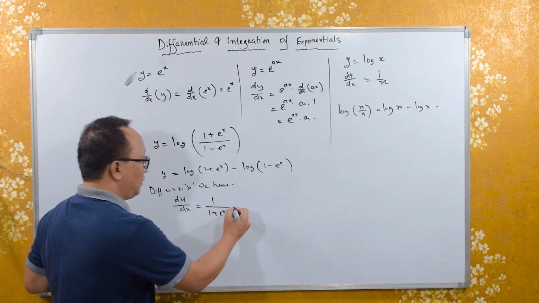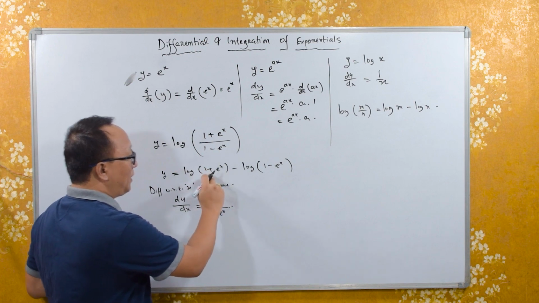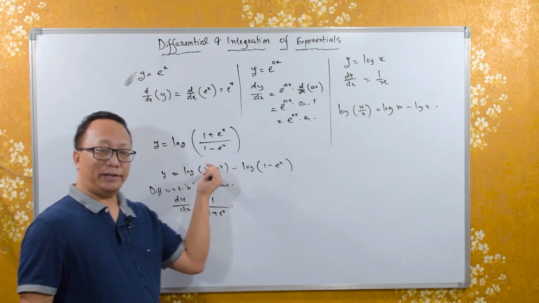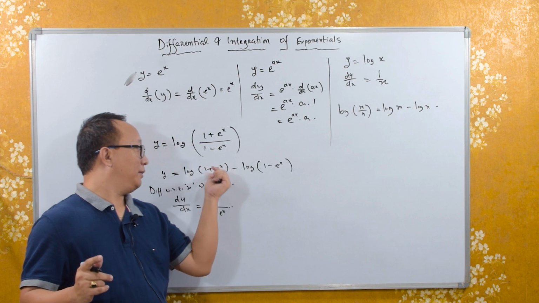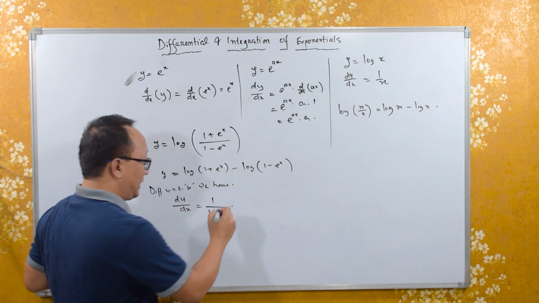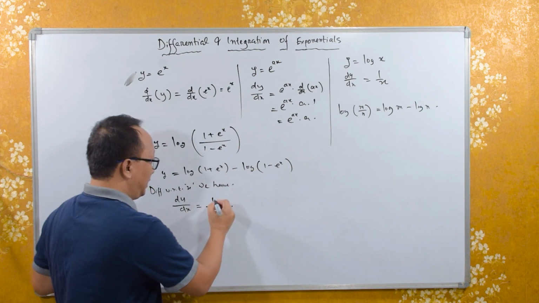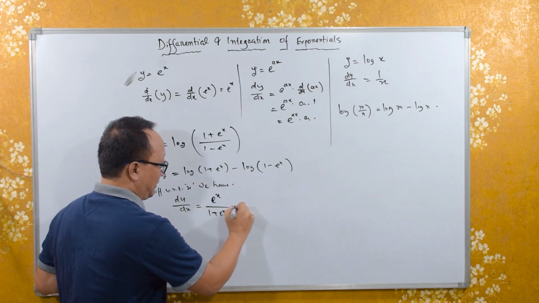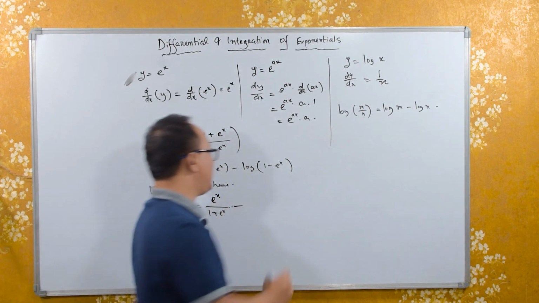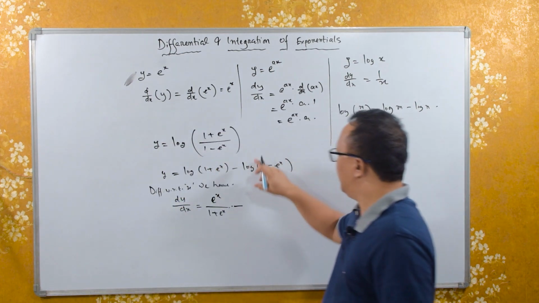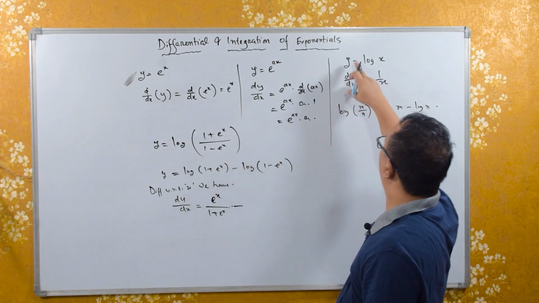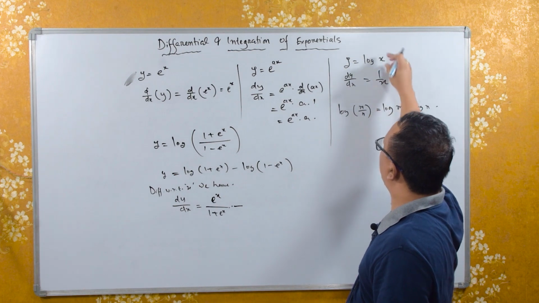So d by dx of 1 plus e raised to x is, d by dx of 1 is constant, 0, plus e raised to x is e raised to x as it is. So d by dx of 1 plus e raised to x becomes e raised to x. Minus, same as over here, since log is there, log is 1 by x, whatever it is over here.